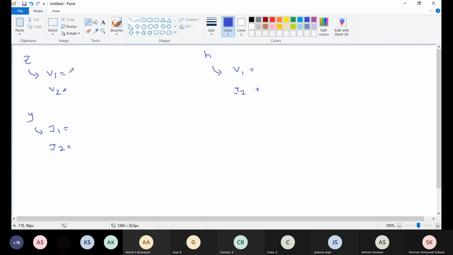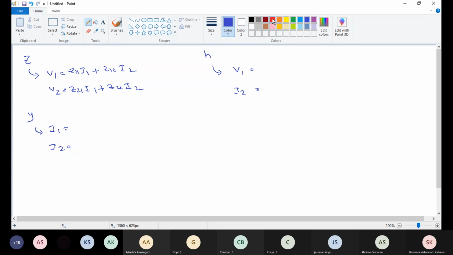For Z: V1 equals Z11 I1 plus Z12 I2, V2 equals Z21 I1 plus Z22 I2.